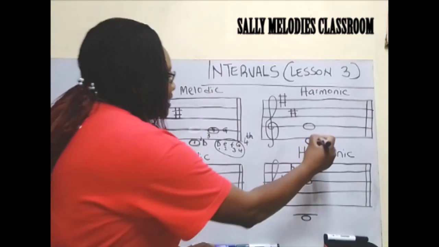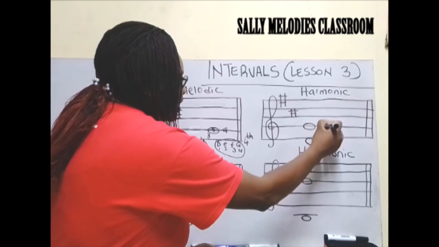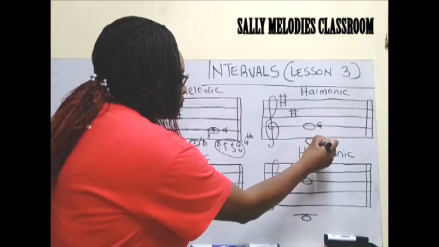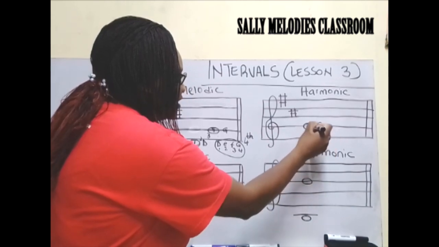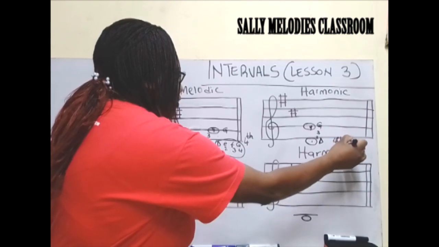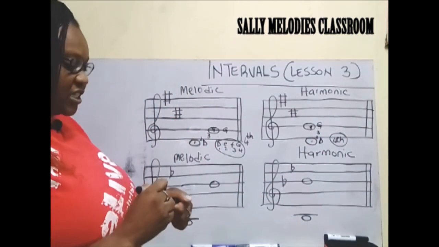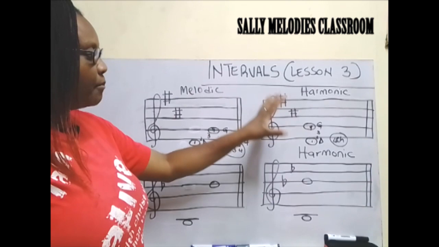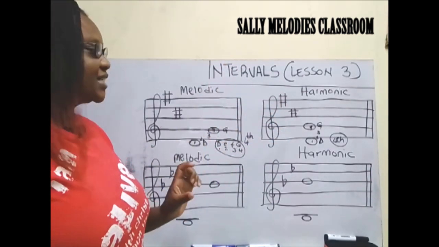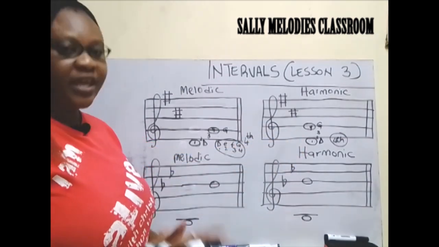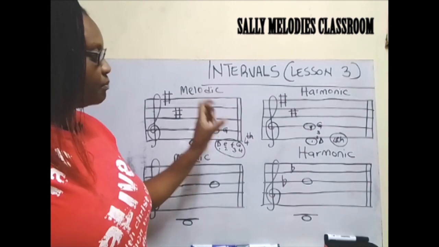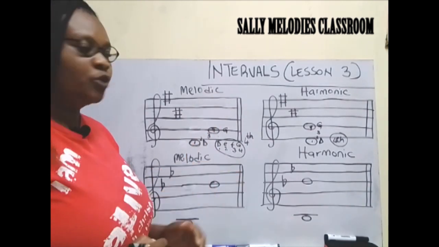We have our D here and then we have our G. So we count 1, 2, 3, 4. It is a fourth. But now, what type of interval is it? It is a harmonic interval, whereby you are required to sound the notes together. That is why, from the word harmony, you play the notes together.